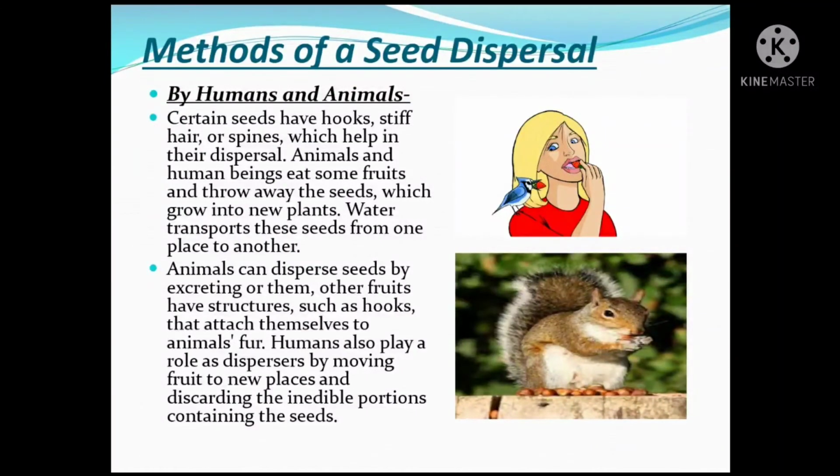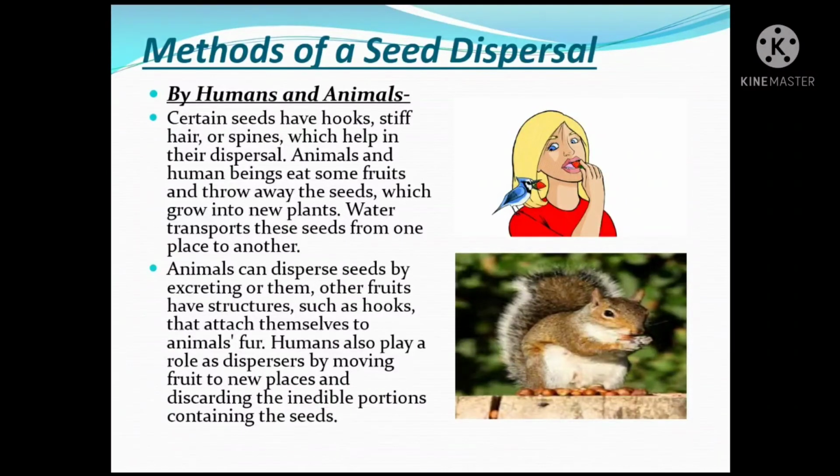By humans and animals. Certain seeds have hooks, stiff hair, or spines which help in their dispersal. Animals and human beings eat some fruits and throw away the seeds, which grow into new plants. Animals can disperse seeds by excreting them.